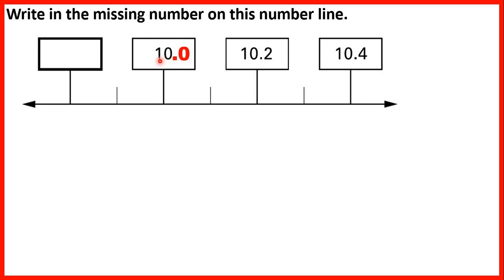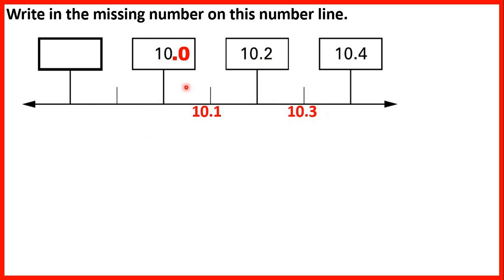So we haven't changed the value of the number, because all the 0.0 tells us is that we don't have any extra tenths. But putting a 0.0 on the end makes it easier for us to understand how this number line works. So between 10.0 and 10.2, we will have 10.1, and here we will have 10.3.